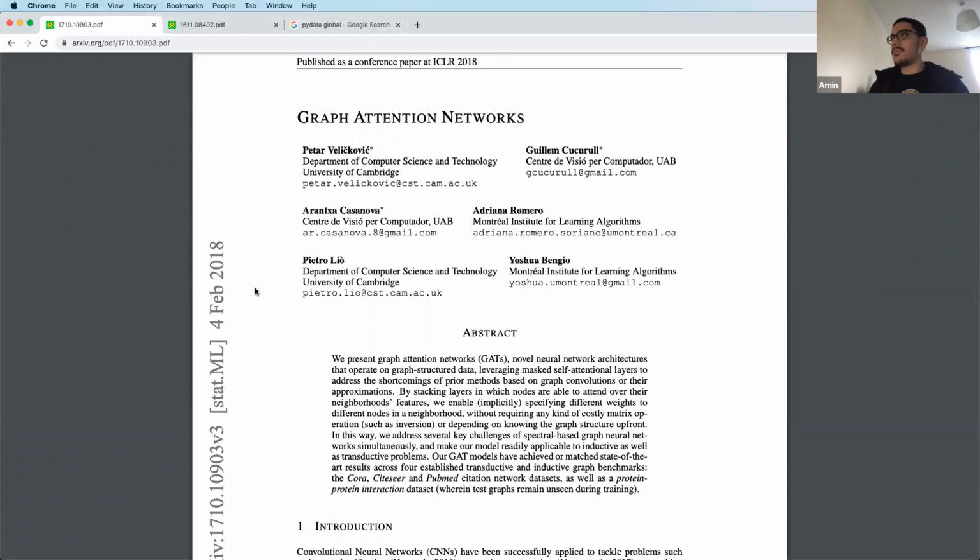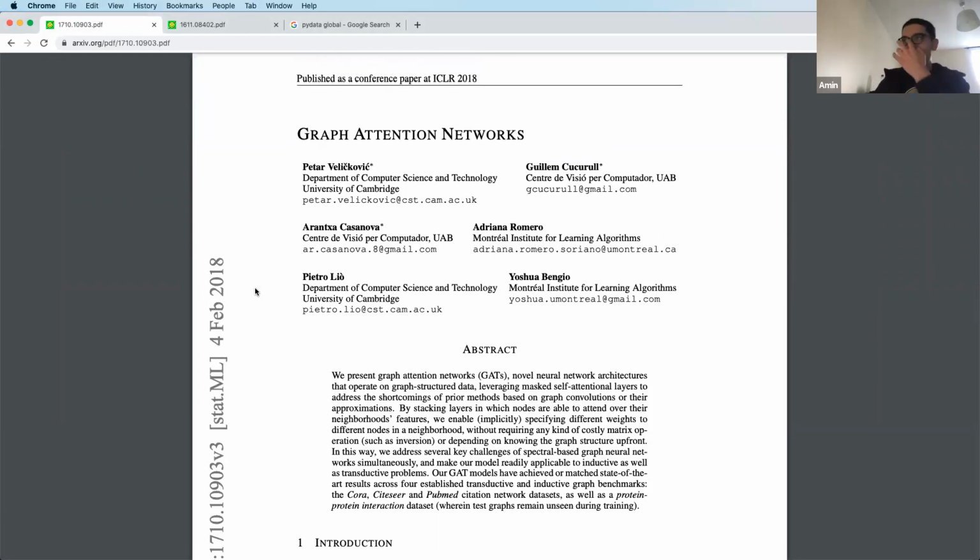Yep. Okay, let's start. So, graph attention networks. Let's talk about, first of all, the motivation behind graph attention networks.